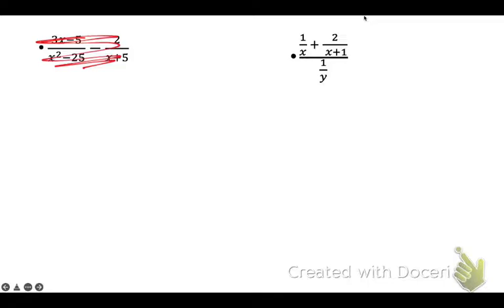So the numerator, we are just looking here. We have to get common denominators. We need to combine it into one thing. So I have x and I have x plus 1. So my new denominator is going to be what? X times x plus 1. Just leave it like that. You don't have to multiply it out, okay?